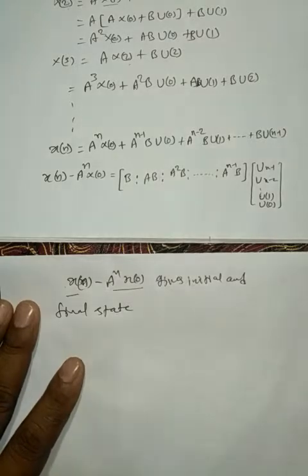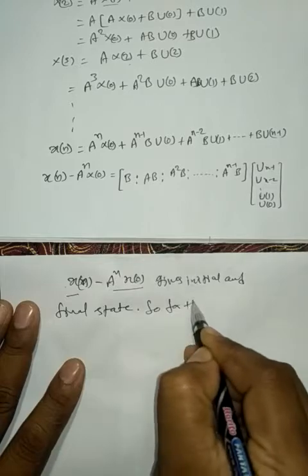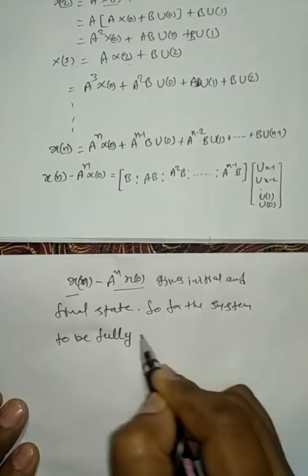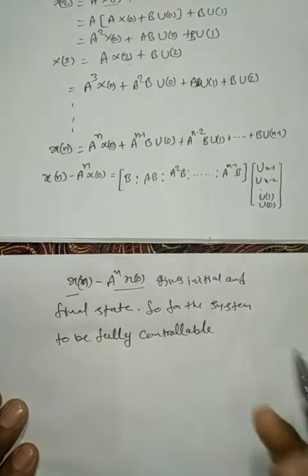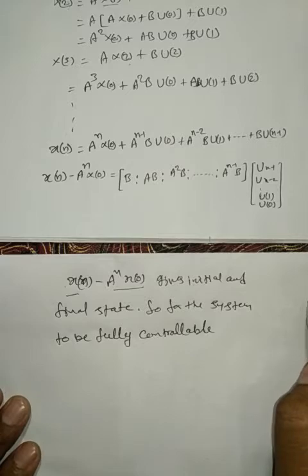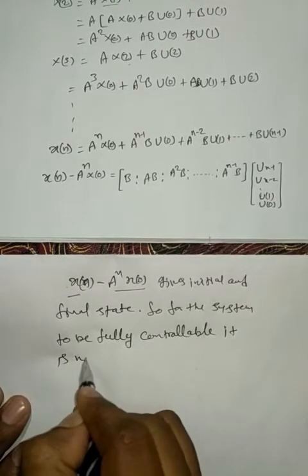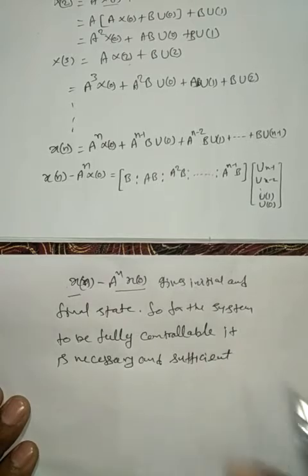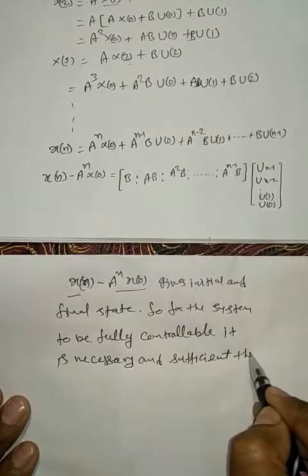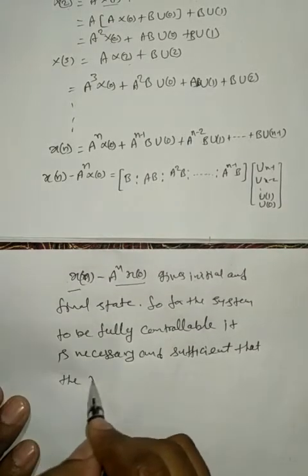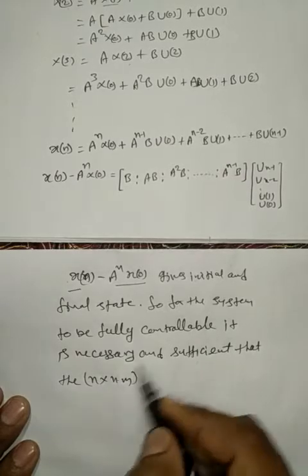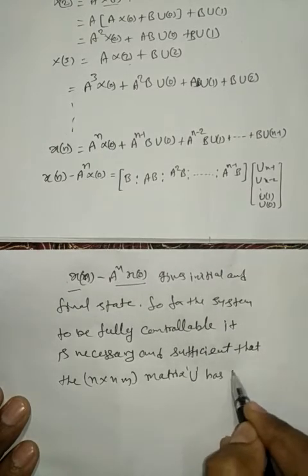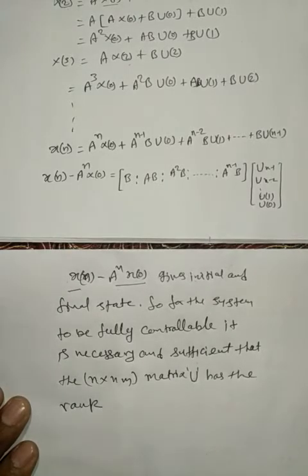So for the system to be fully controllable, it is necessary and sufficient that the n cross nm matrix U has the rank n.